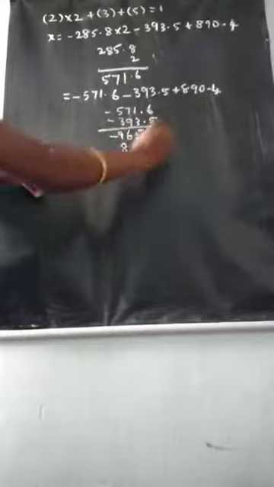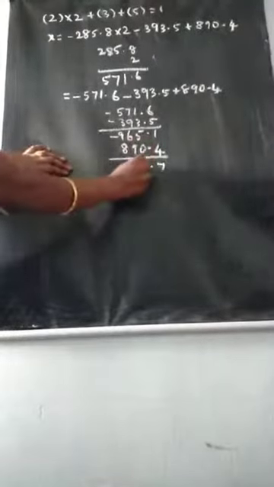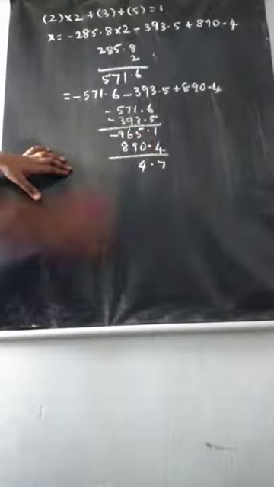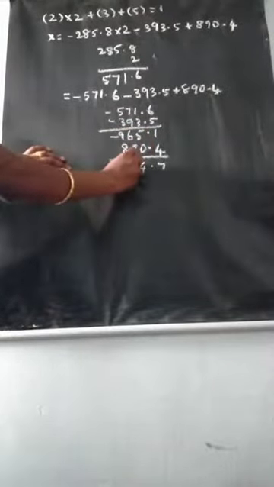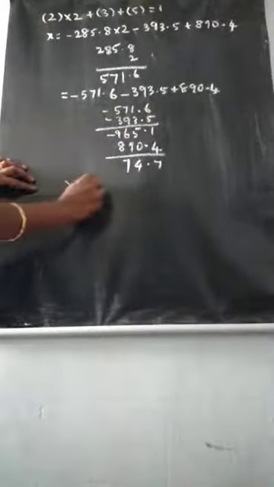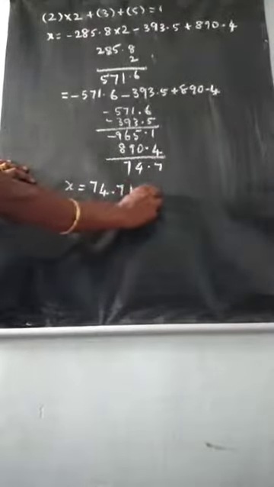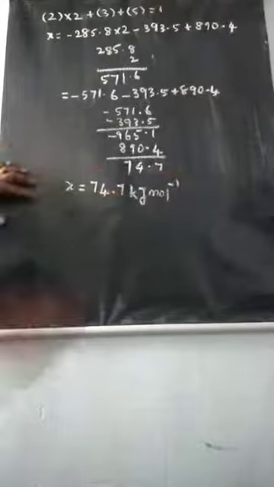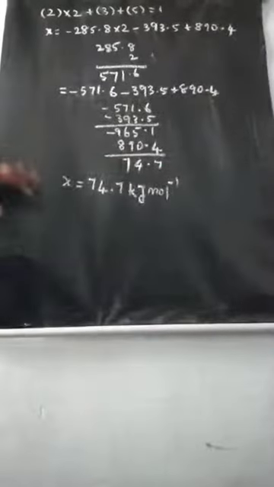So you will get minus 74.7. So your answer, the X value, is minus 74.7 kilojoule per mole. So you got the answer.